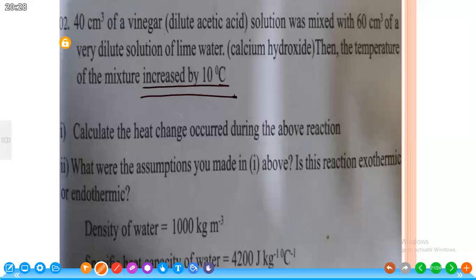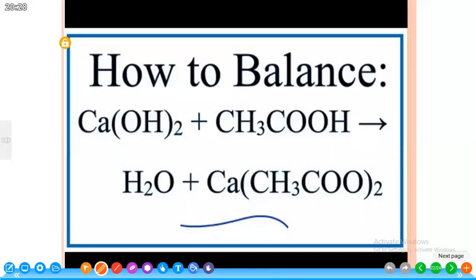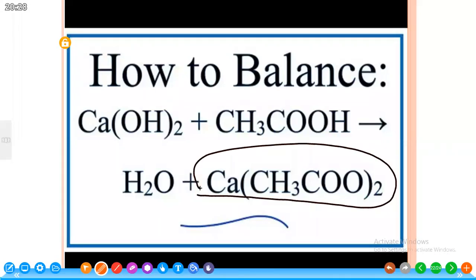Calculate the heat change occurring during the above reaction. How do we calculate? First we write the equation for it and balance it. Calcium hydroxide reacts with vinegar and forms the products, water and another product. So first we balance it.